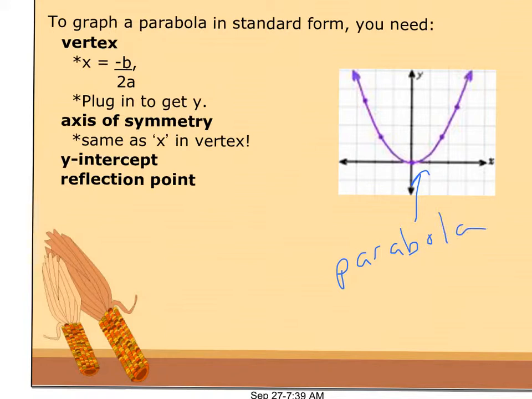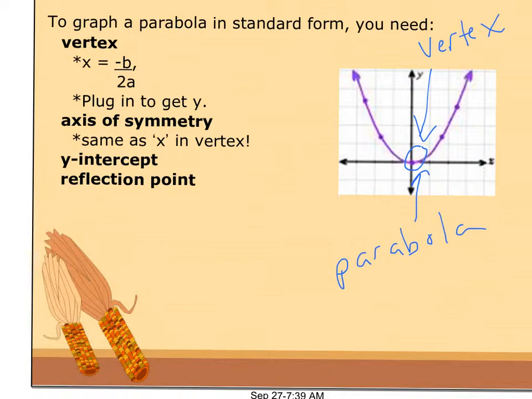Some of the specific points that we want to know: the vertex, which is right down here, that minimum point if we have a quadratic that opens up. We can get that in standard form. If we do negative b over 2a, that gives us our x coordinate, and then we plug that back into the function, and we get y. That tells us the location of the vertex.